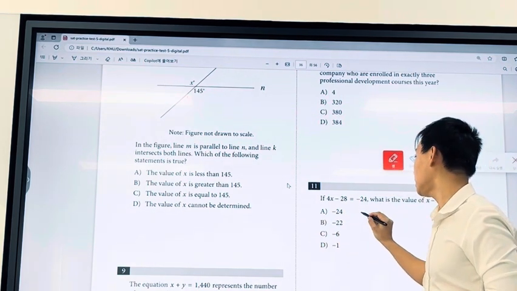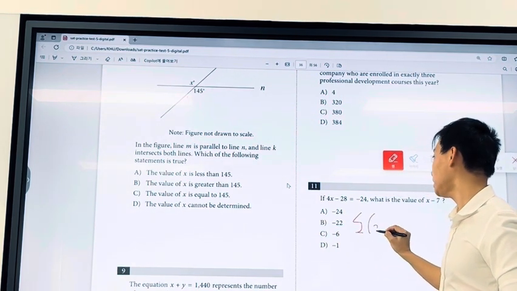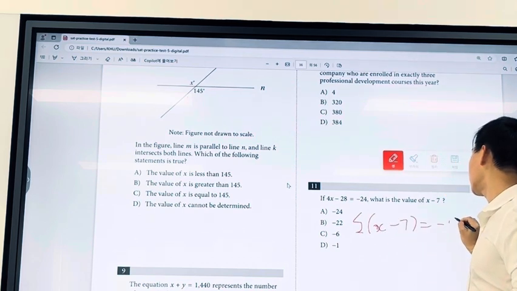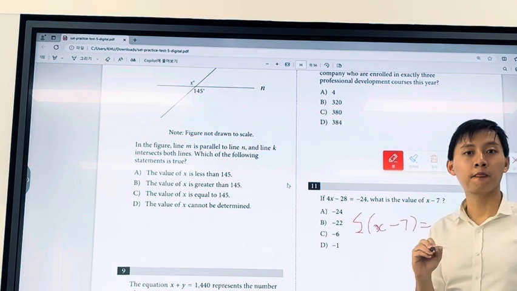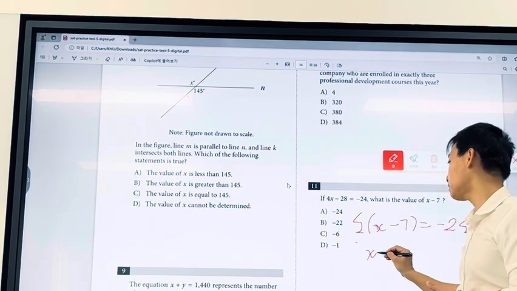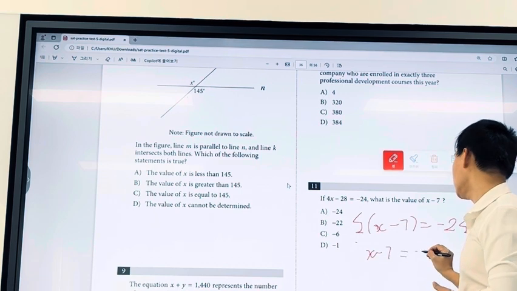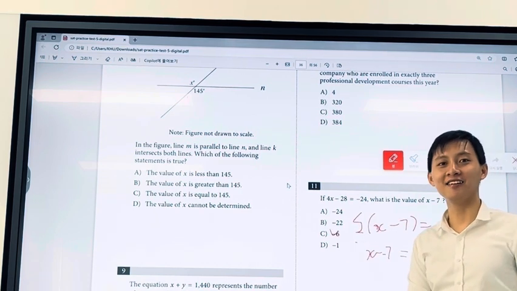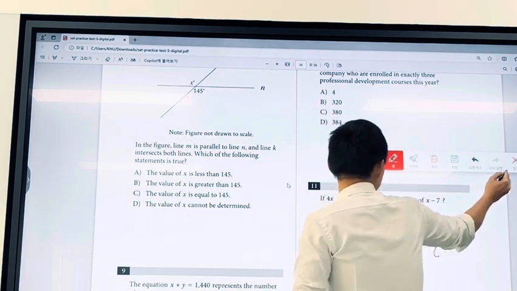If I factor out 4, the remaining x minus 7 equals negative 24. Now I divide both sides of the equation by 4. It gives x minus 7 equals negative 6. That's it.